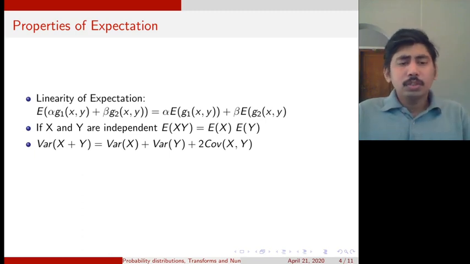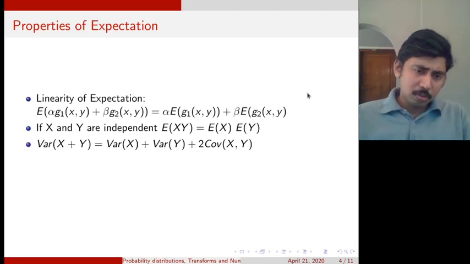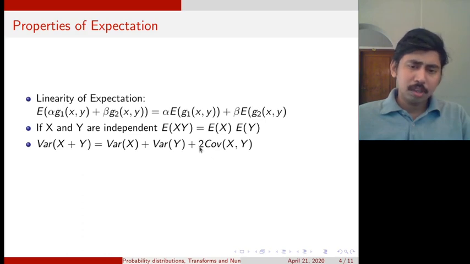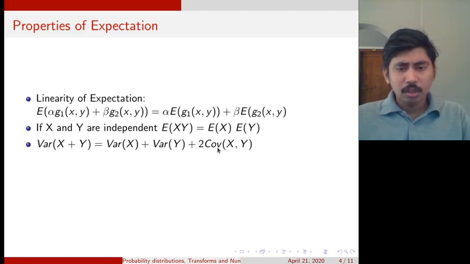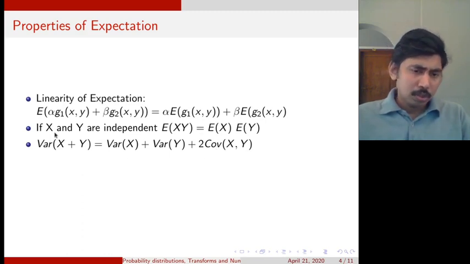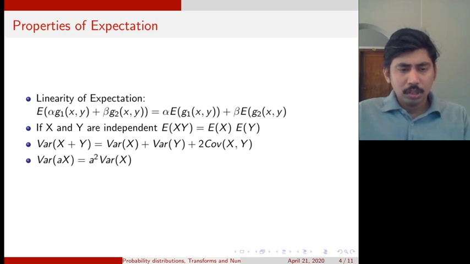When it comes to variance, take these equations. I know you are not familiar with what covariance of x, y is, which will be discussed in this lecture itself. So variance of x plus y equals variance of x plus variance of y plus 2 into covariance of x, y. Variance of ax equals a square into variance of x.